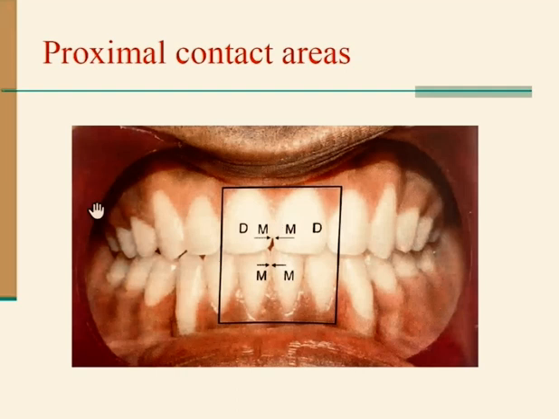And proper contact between the teeth will prevent impaction of food in between the teeth. This is very important because impaction of food will lead to caries, and to periodontal ligament problems and problems in the gingiva. So we need proper contact between the teeth.